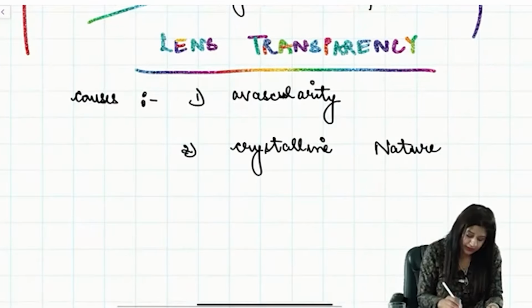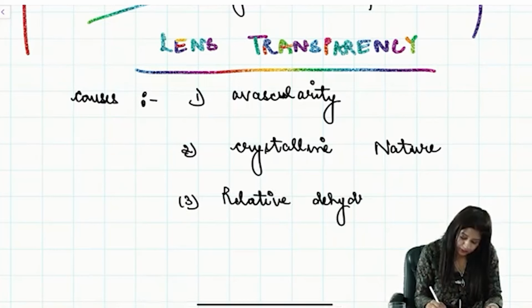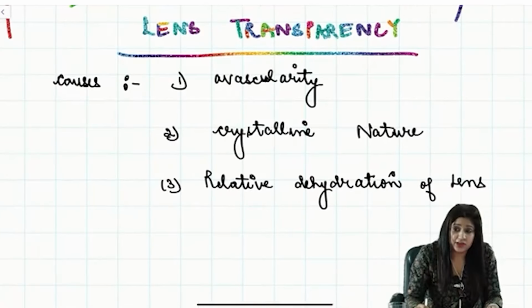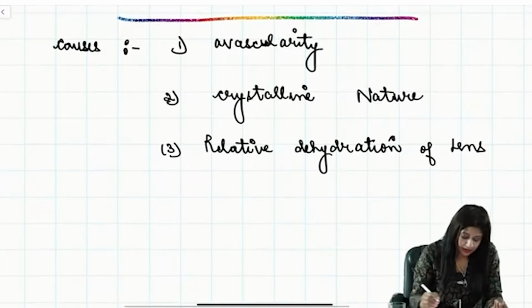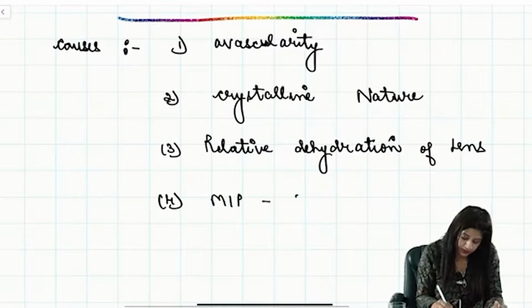Then the lens is transparent because of the relative dehydration of the lens, which was due to the pump in the cortex. And very, very important is the MIP26.